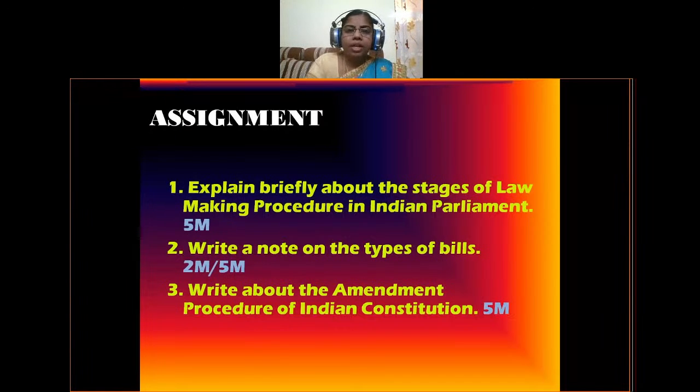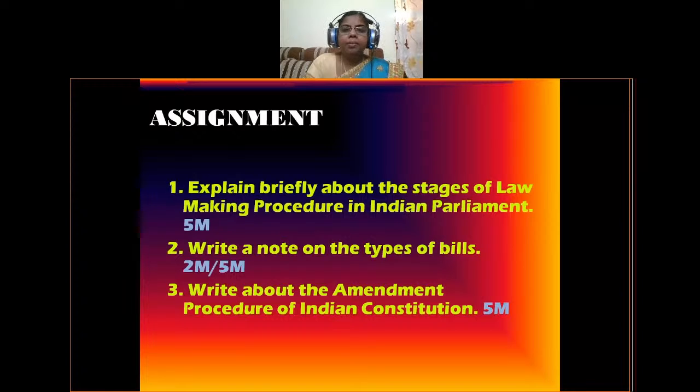Okay, so I will dictate. All of you note down. The first question is, explain briefly about the stages of lawmaking procedure in Indian Parliament.